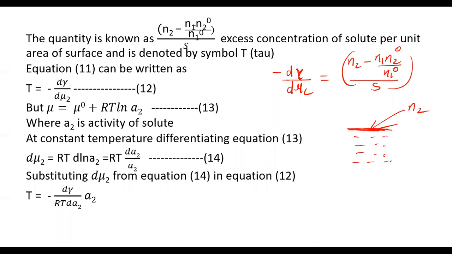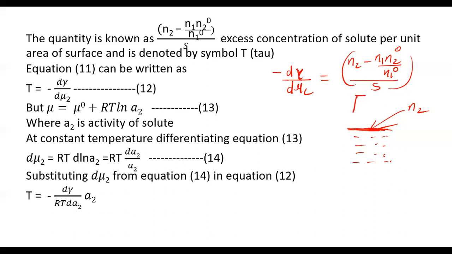So N2 minus N1 into N20 divided by N10, divided by S, is known as the excess concentration of the solute per unit surface area, and it is denoted by the symbol tau.